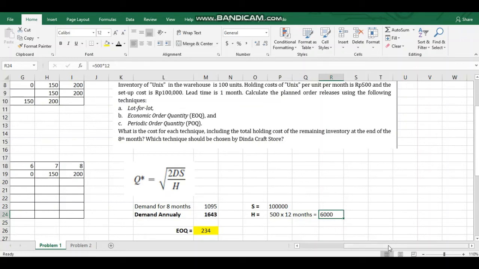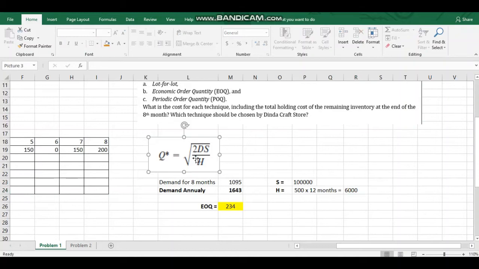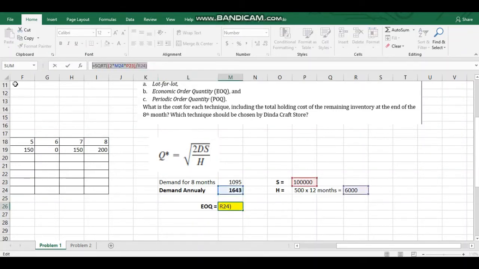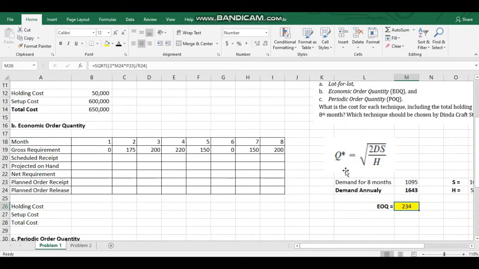Now we already have the annual demand and annual holding cost, so you just input these numbers into this equation. If you use the formula in Excel, it will be like this, and the total EOQ is 234. So this EOQ will be our amount of ordering units.